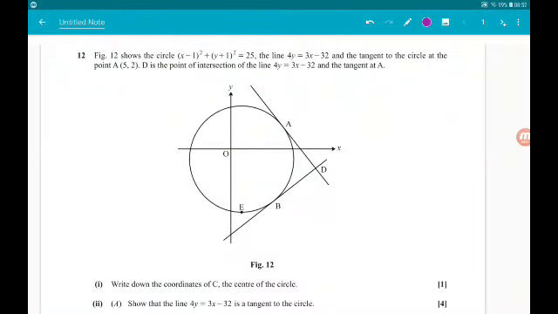Okay, question 12, circles and coordinate geometry. Figure 12 shows the circle (x - 1)² + (y + 1)² = 25. The line 4y = 3x - 32 is a tangent to the circle at the point A (5, 2).